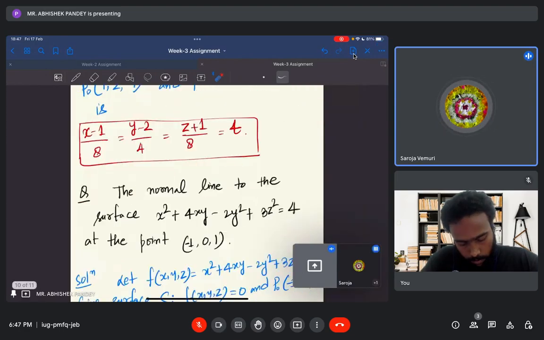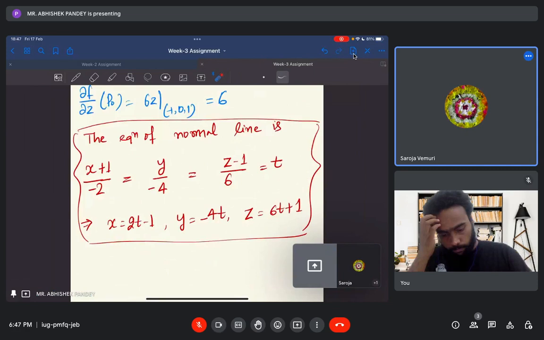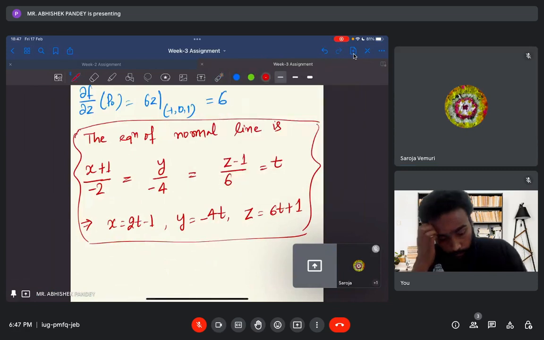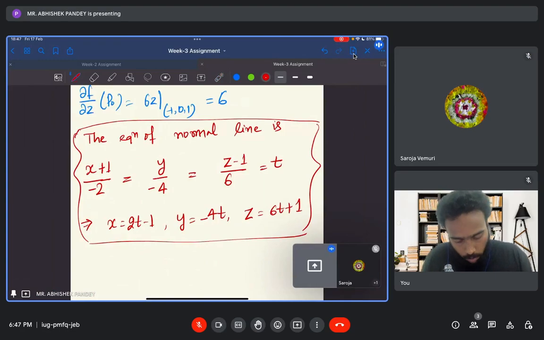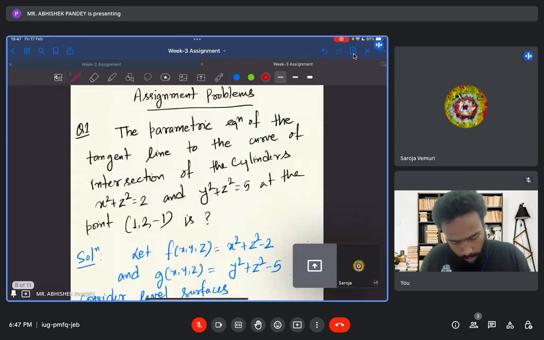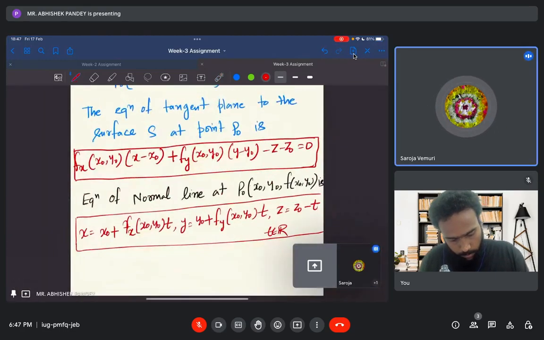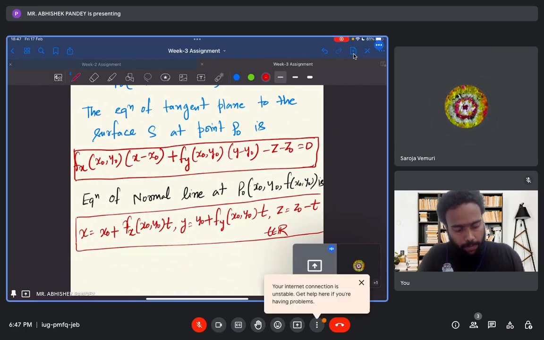Yes, this is the equation. In fact, you can directly apply the formula also, like this formula I've written. Sir, I'm asking about that one: x minus x naught into fx, that tangent line formula also applies. Yes, you can directly apply it, but this formula comes from the definition only.